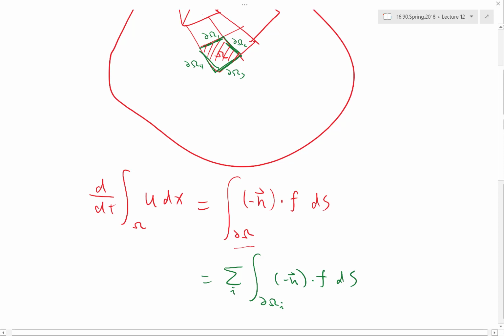So as long as I can approximate, in this case, it's no longer approximating the f at a single point. I have to approximate the integral of f over one of these boundaries shared by two cells. So now this becomes my multidimensional flux approximation scheme, right?